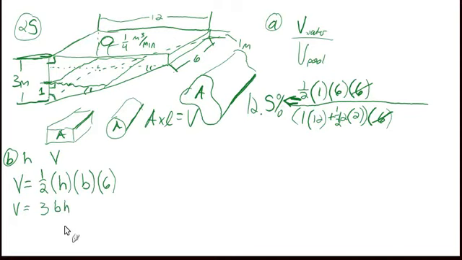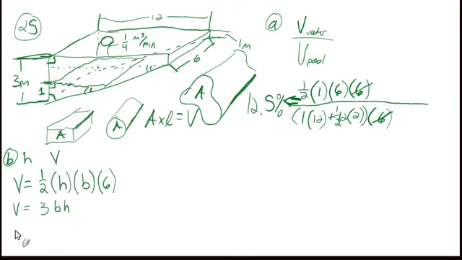But now I don't want to include B, because they don't ask me anything about B. I don't have a lot of information about B, except one piece of information from this problem: that B, the base of this triangle, is 6 times its height.